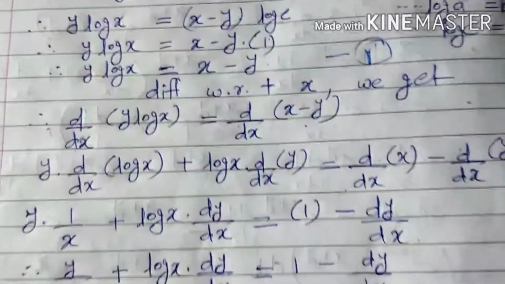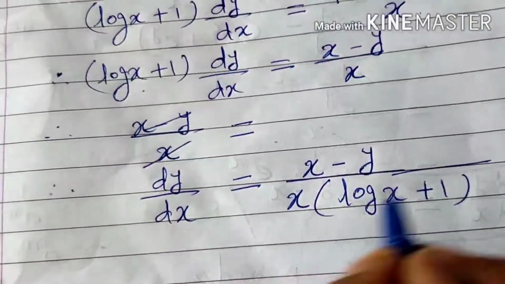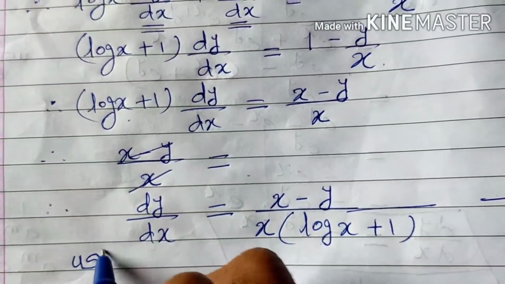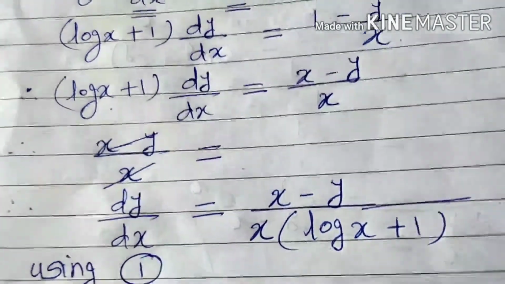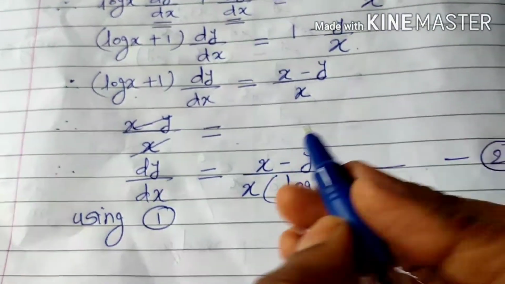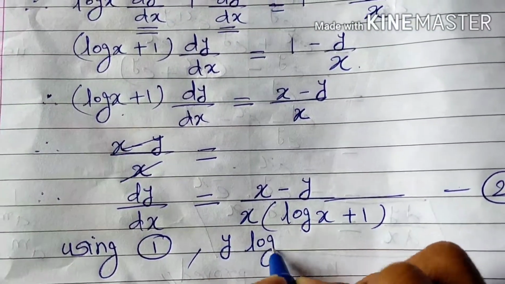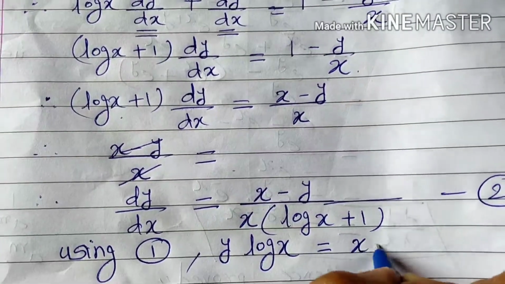Now using first, y log x is equal to x minus y.